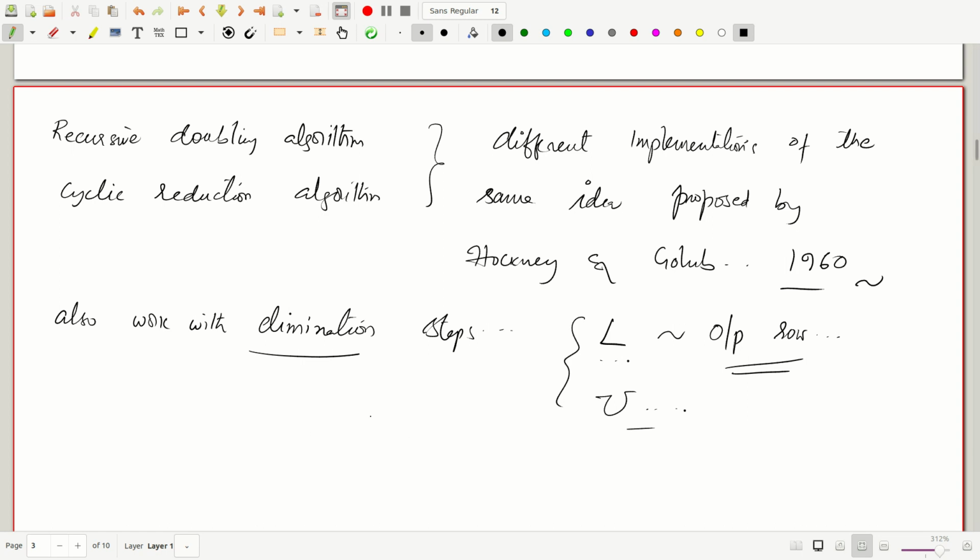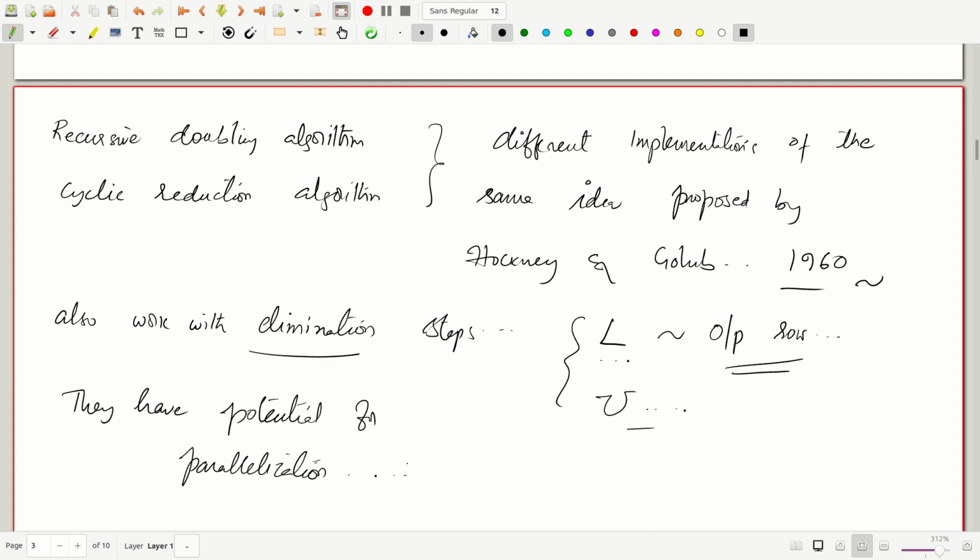Okay, so essentially these two methods also contain elimination steps, but this particular method has potential for parallelization, which was kind of absent in the regular tridiagonal matrix solution.